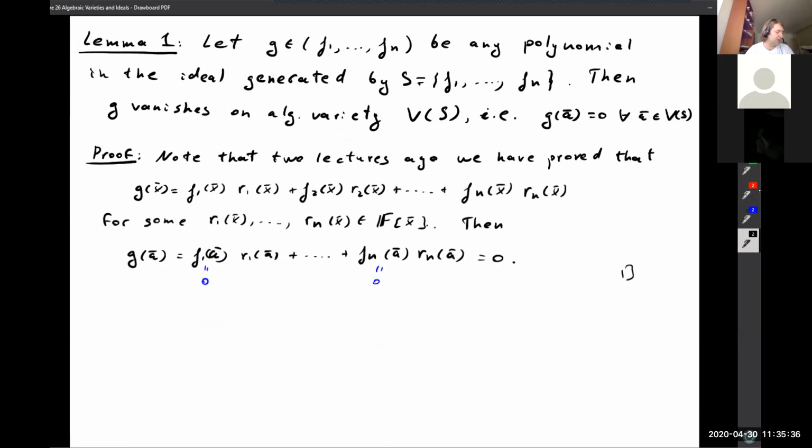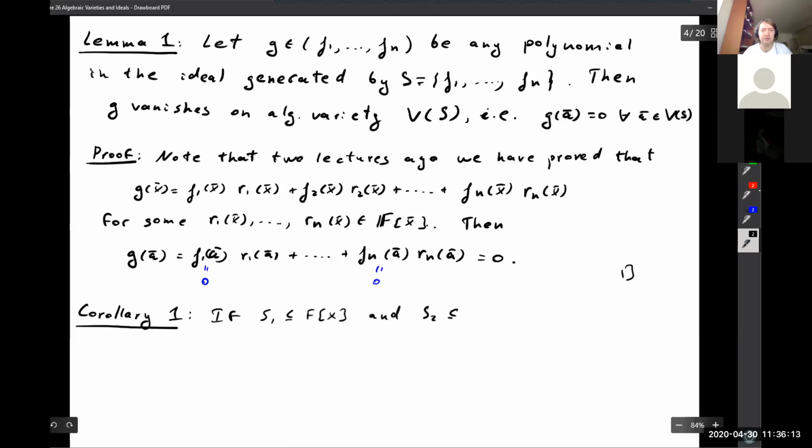Okay, well, an immediate corollary of this lemma would be the following: if we have two finite subsets S1 and S2 of F of x such that the corresponding ideals are the same, well, then necessarily the associated algebraic varieties are the same.